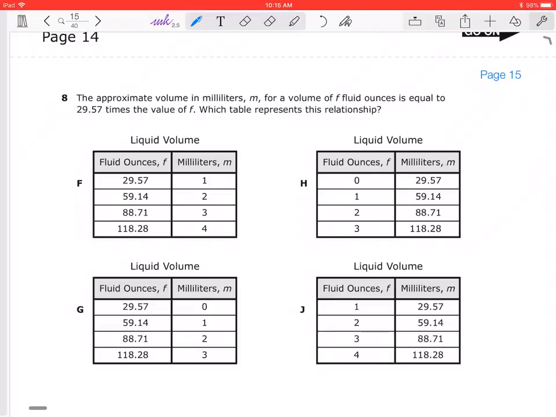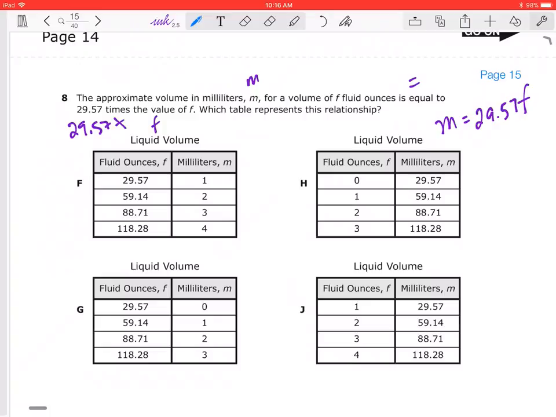Let's write out the equation of what it's telling us. It says the approximate volume M, if our volume of fluid ounces is F, is equal to 29.57 times the value of F. So we have M equal to 29.57 times F. Now we have no plus constant.